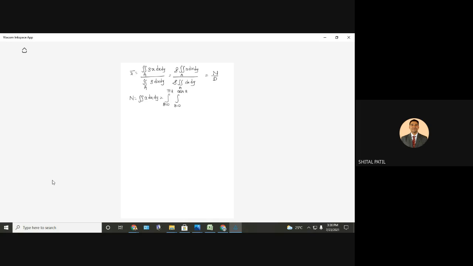Substitute the limits. X is r cos theta. Cos theta constant.